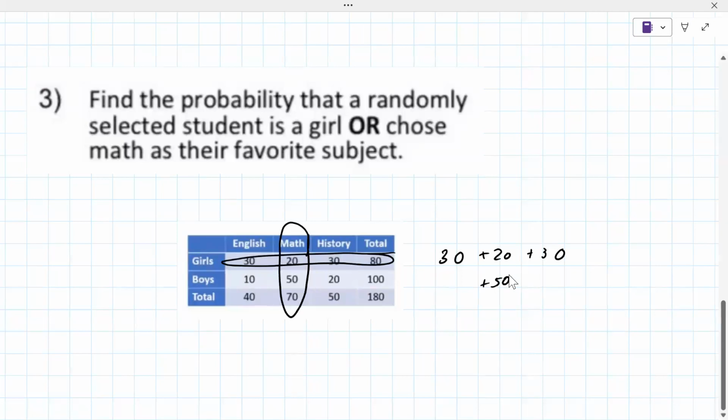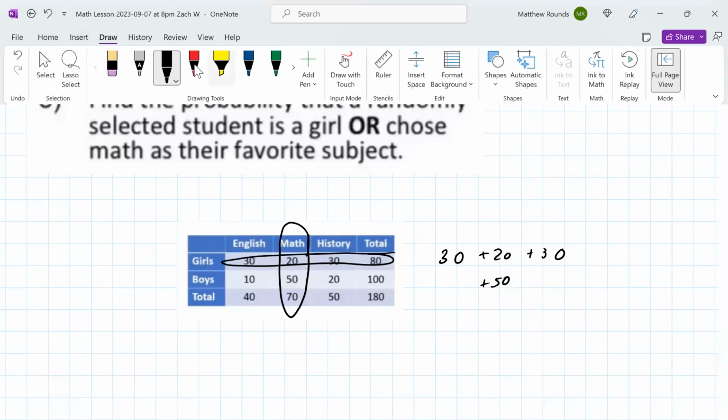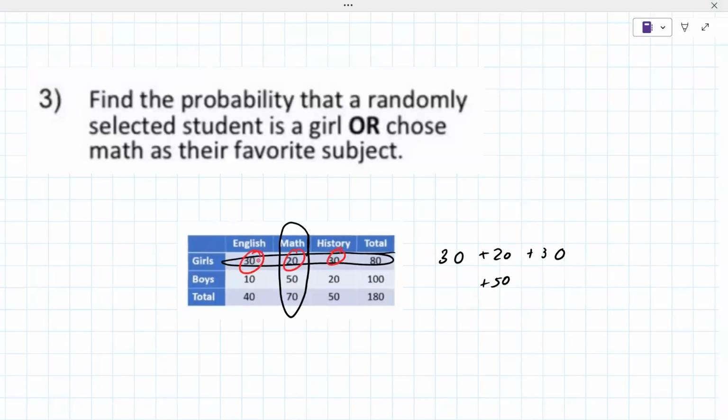Do you see how you're double counting the 20? So you don't go 80 plus 70. You don't double count. I'll highlight these in red, so you can look at that later. You just add up those numbers.